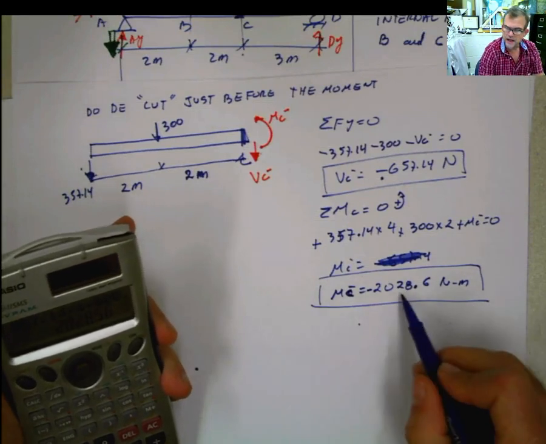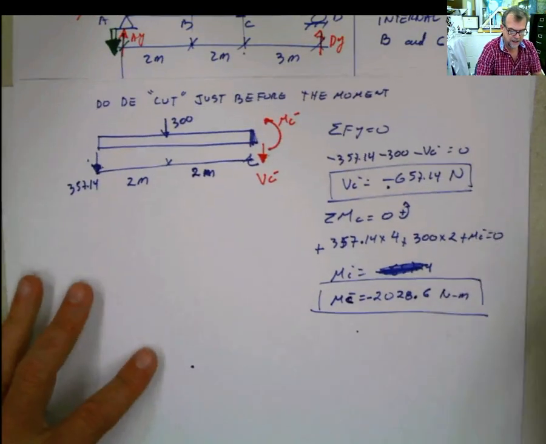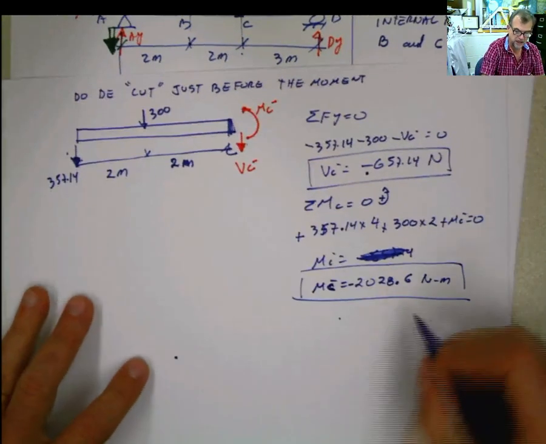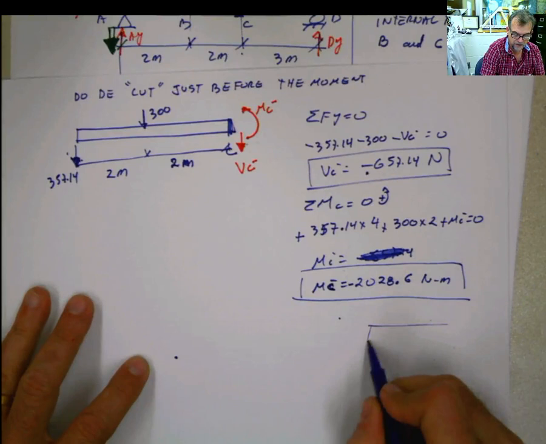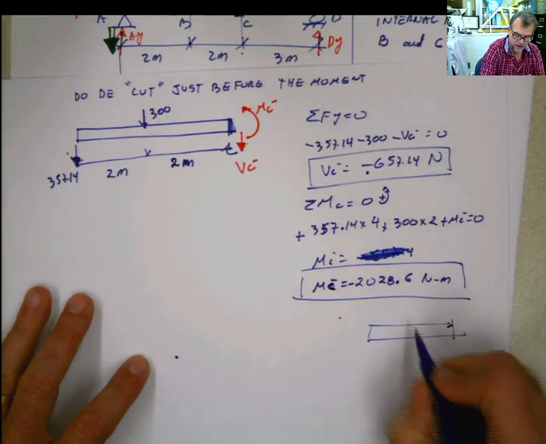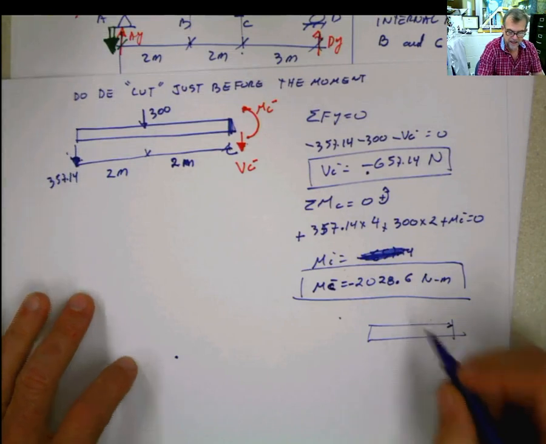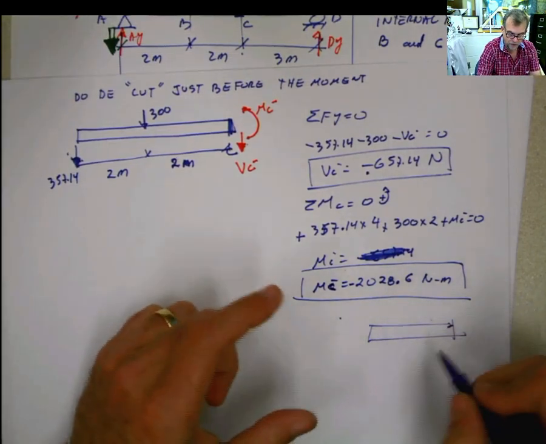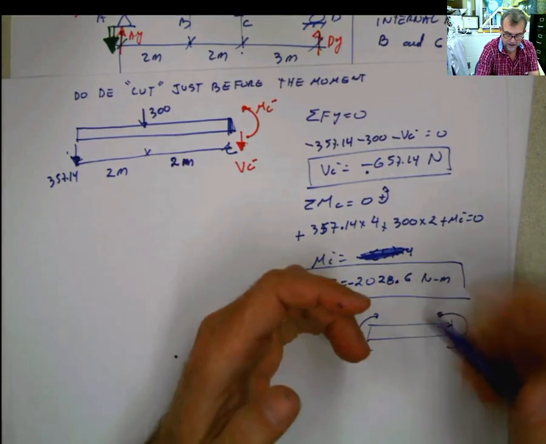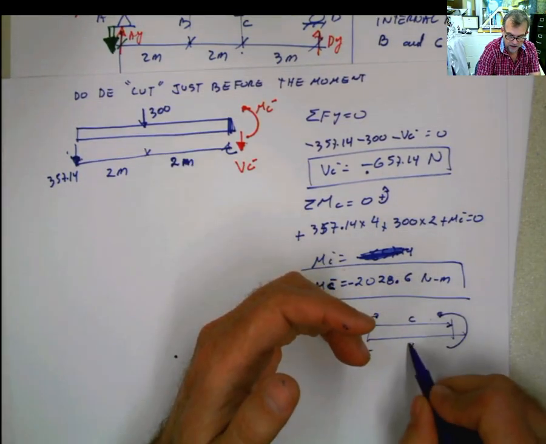What does that negative moment mean? If you remember or you watched the previous video that I did, that means that if you have a beam like that, for example, at that point C, if it's negative, the positive way for a moment to deflect is this: compression at the top and tension at the bottom.